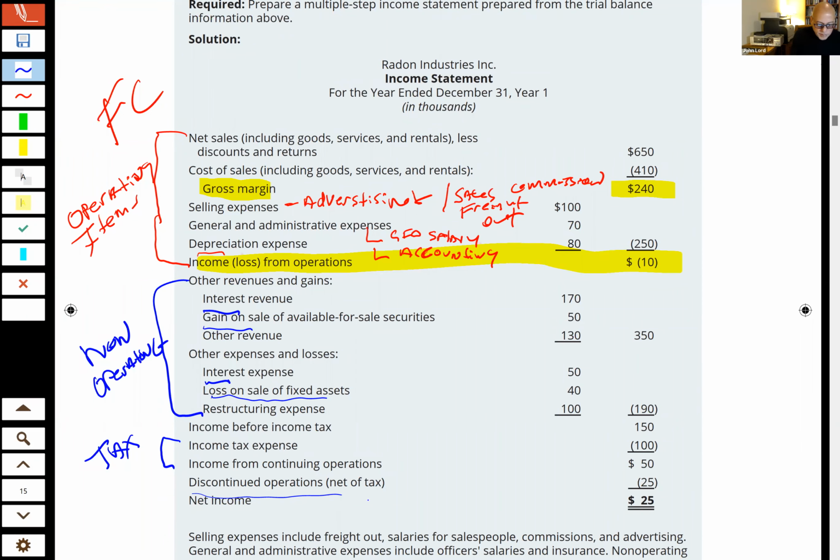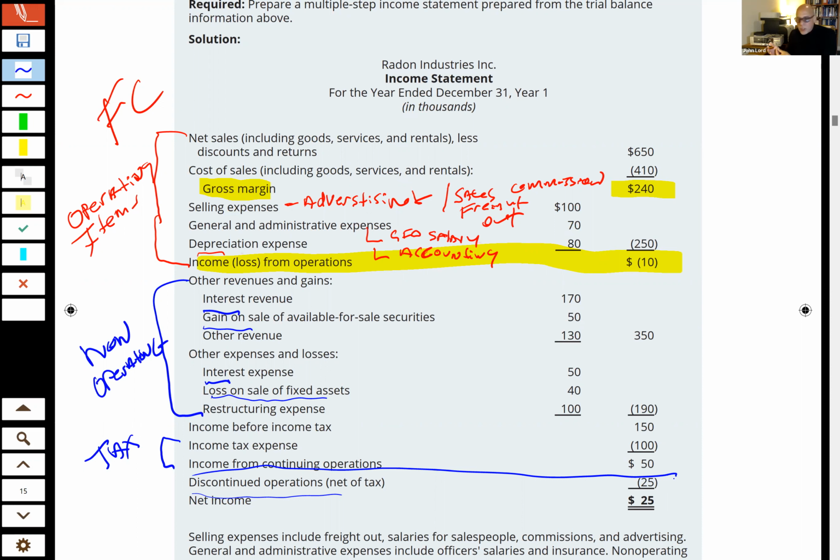Okay, income from continuing operations, which is what we're really looking for here. Income from continuing operations is constituted of what? Three things. We have operating items, non-operating items. You should have on your flashcard the nature of what these things are, and then tax. Okay, that will yield income from continuing operations.